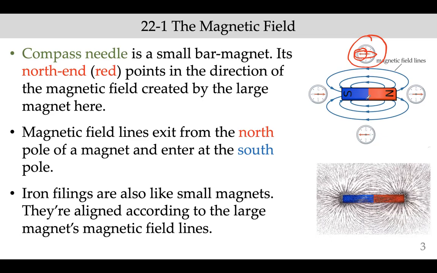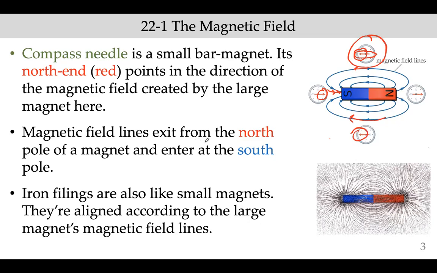So this large magnet creates a magnetic field around itself, and the compass needle, the red part, always points in the same direction as the magnetic lines. For example, here the magnetic field lines are in this direction, so the compass needle shows to the left.